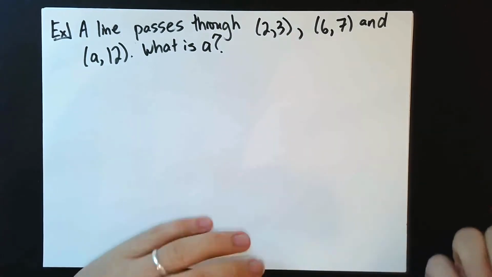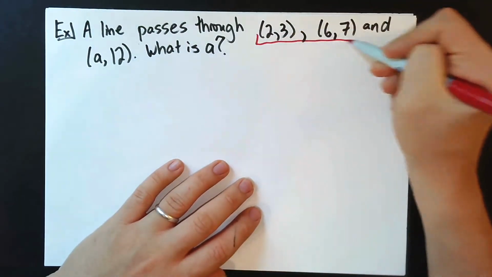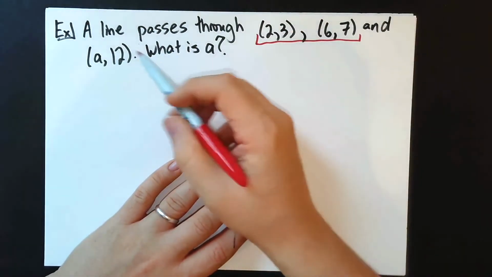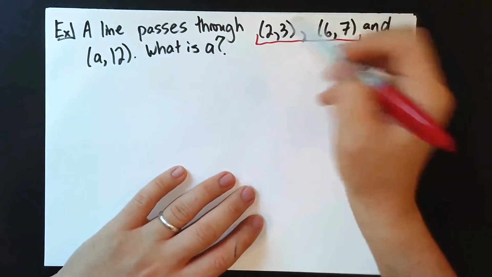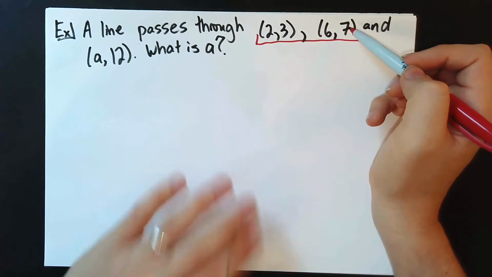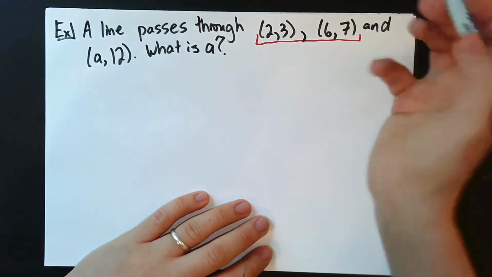In this instance, I can definitely find the equation of the line just by looking at these 2 points, which means I get to not think at all about the point with an a in it. I can just think about these 2 points and find the equation of the line through them.